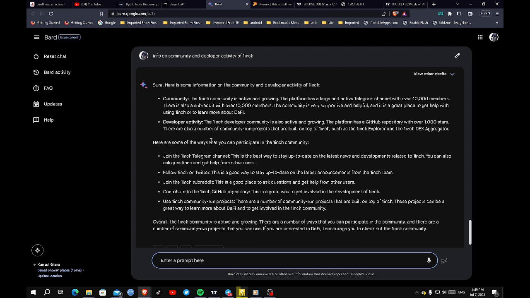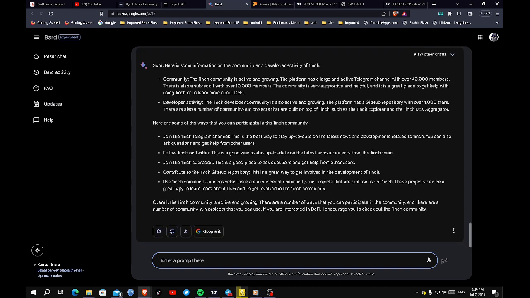Some of the ways you can participate in their communities are to join their Telegram channel, follow them on Twitter, join their subreddit, contribute to the 1inch GitHub repository if you are a developer, and use 1inch community-run projects. These projects can be a great way to learn more about DeFi and to get involved in the 1inch community.